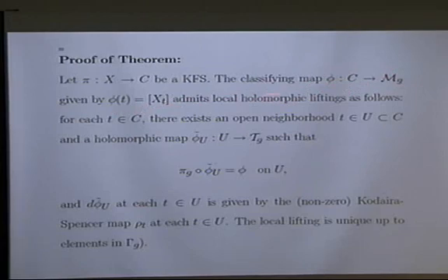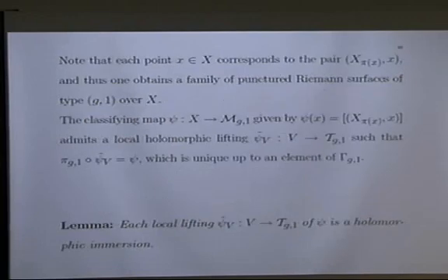You may want to do it locally, but essentially you just map this base curve to the Teichmüller space or the moduli space. Then for each point in the Kodaira fibration surface, you look at the corresponding pair, the fiber, so the Riemann surface.